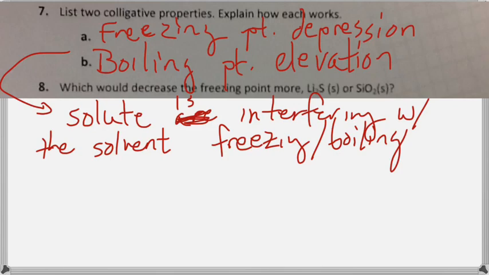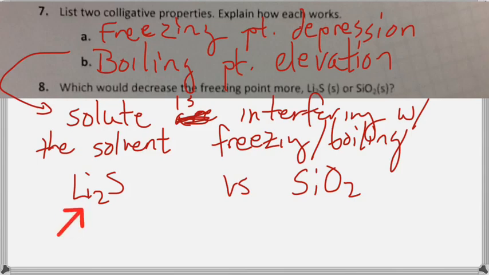So in number 8 it says which would decrease the freezing point more. Well, it's asking which one of these two would cause more interference. So if we look at lithium sulphide versus silicon dioxide, the key here is recognizing that this one is what we call an ionic compound.